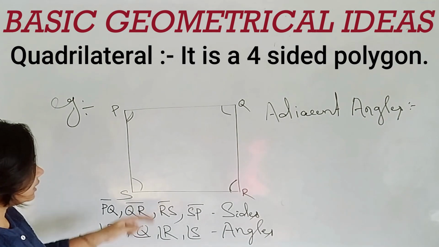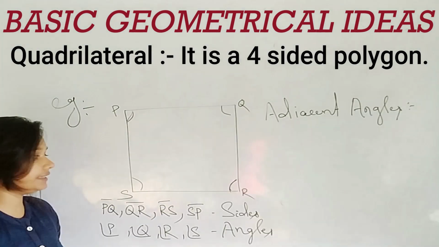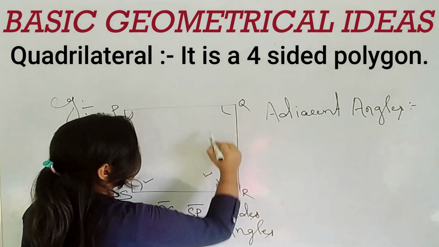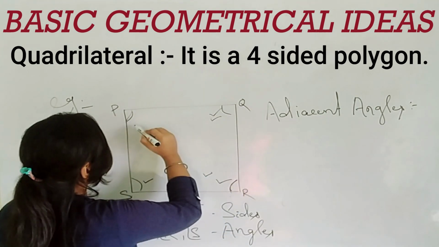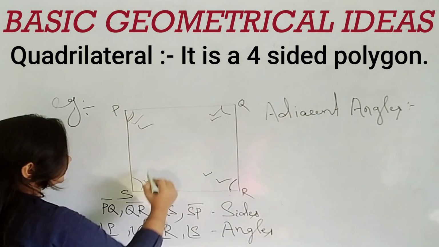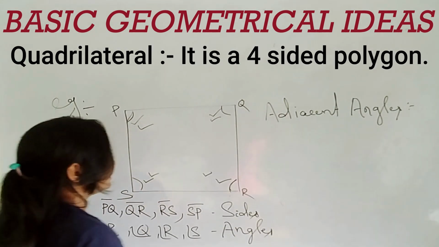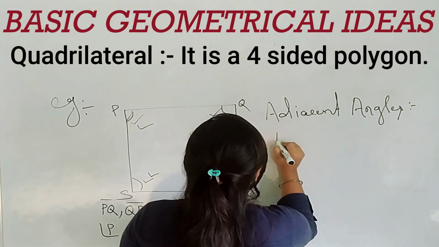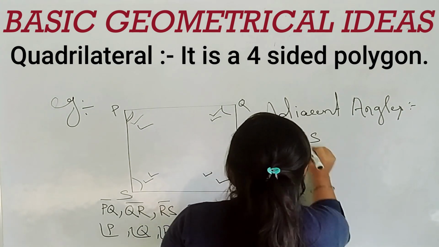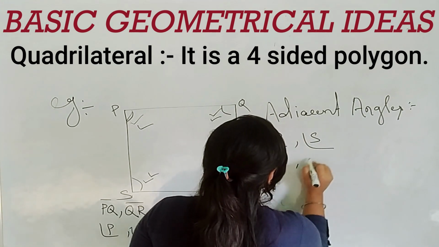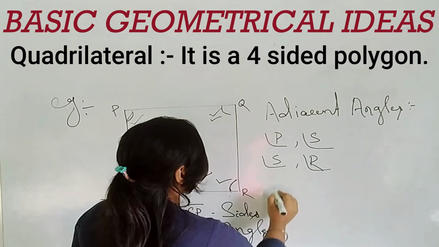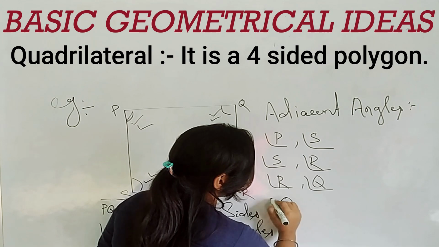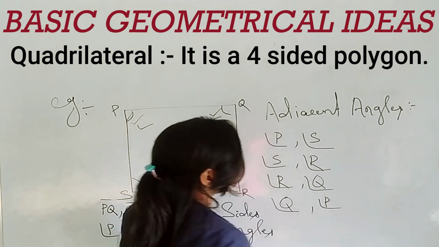In this picture, our adjacent angles will be S and R, R and Q, Q and P, and P and S, right?